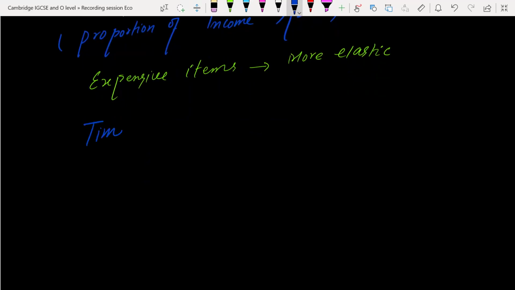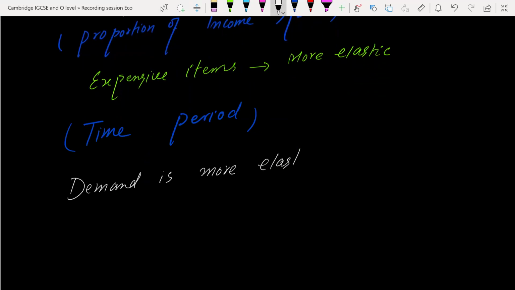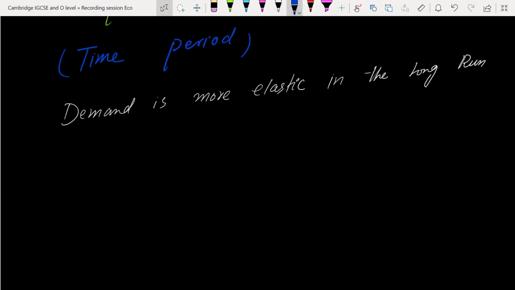Next can be time period also. Demand is more elastic in the long run because people will find alternatives. Next, brand loyalty.